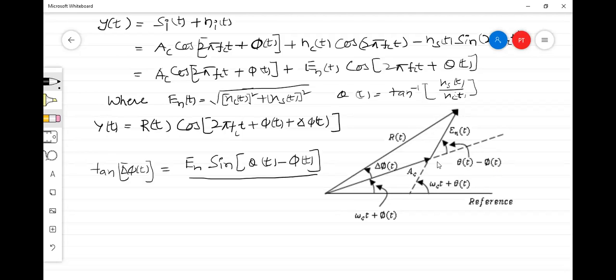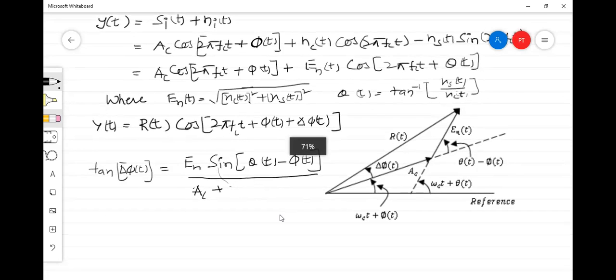Let me write this entire component: A_c plus e_n cos(θ(t) minus φ(t)).